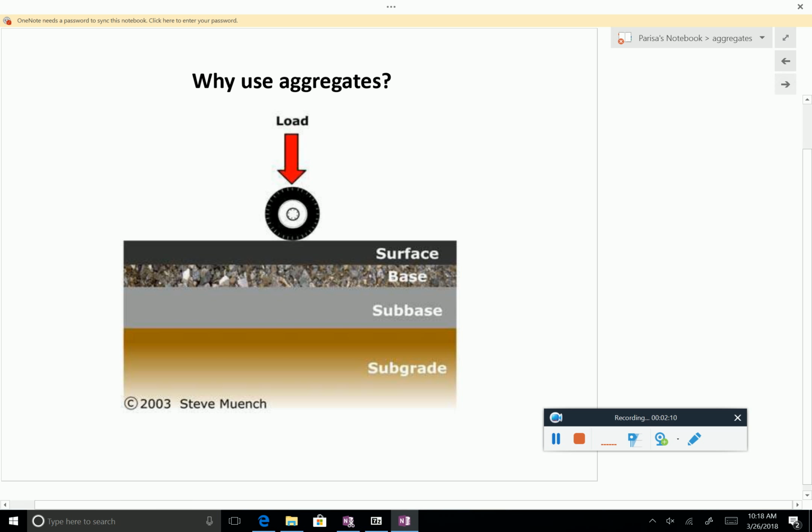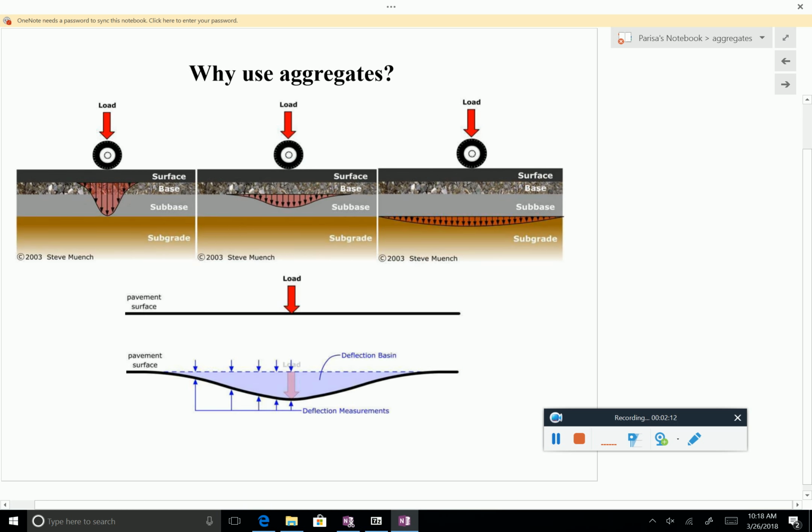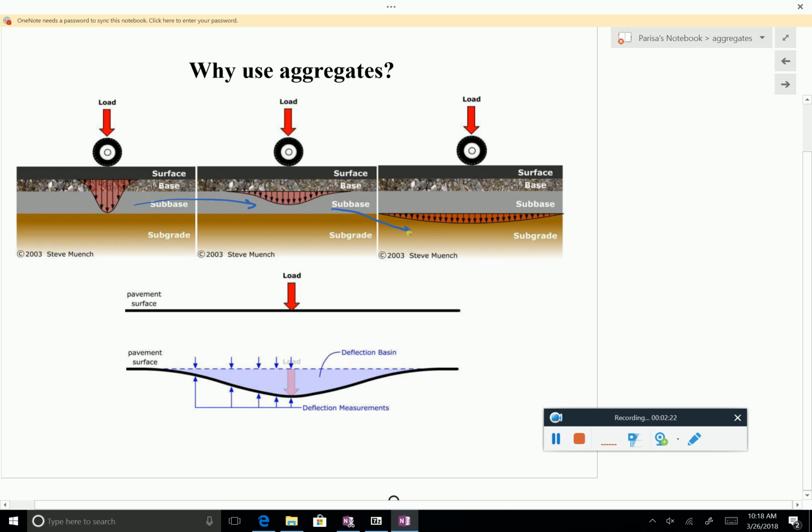And as you go down, as you go deeper, let's say if you are looking at the load from a truck, as you go deeper, this load gets more spread out and it becomes less in terms of magnitude. So we don't need to use concrete or asphalt concrete all the way down.